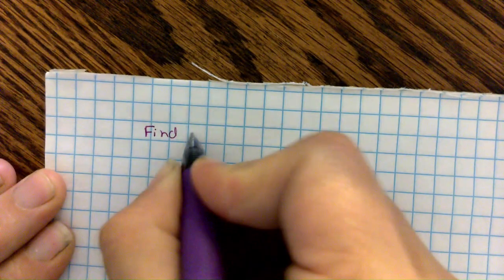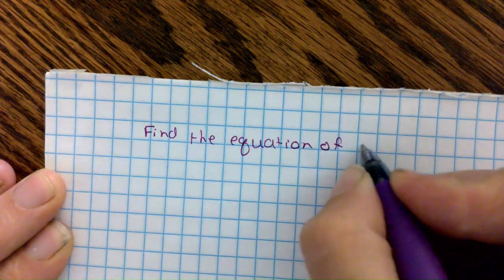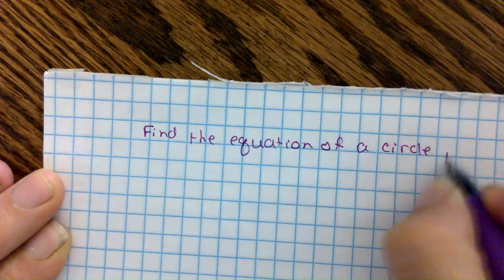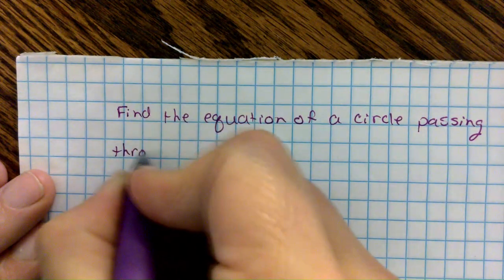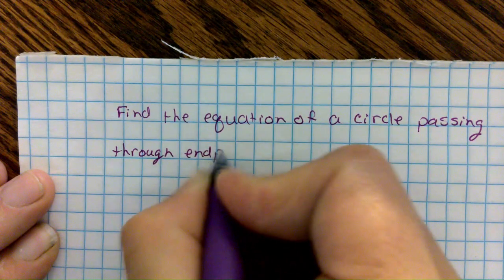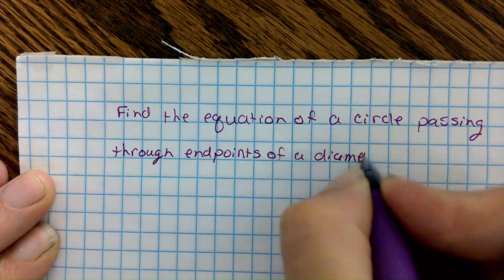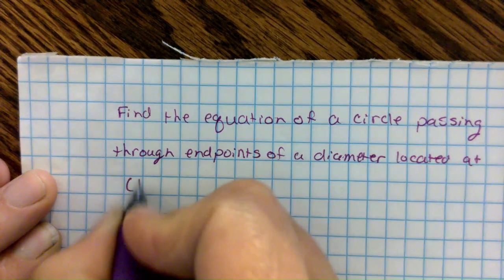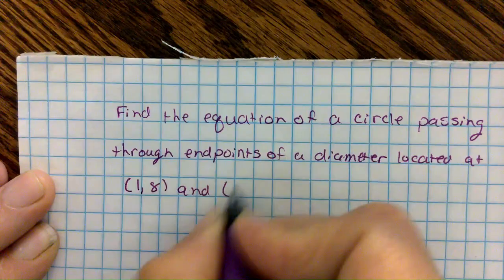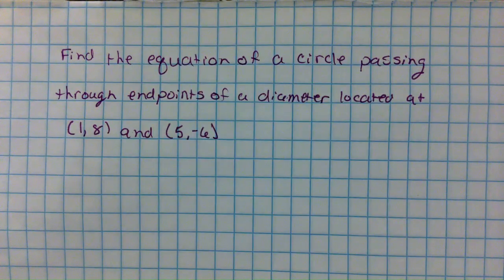So find the equation of a circle passing through endpoints of a diameter located at 1, 8 and 5, negative 6. Okay, that's a lot of information, right? So let's just go ahead and graph this out.